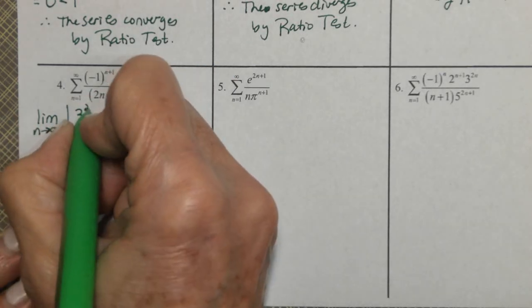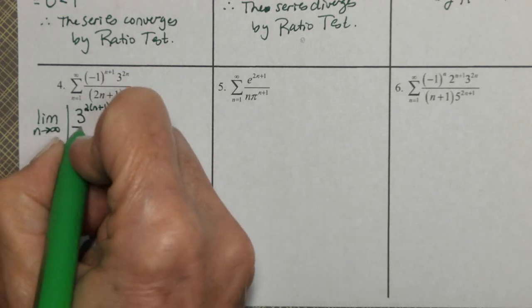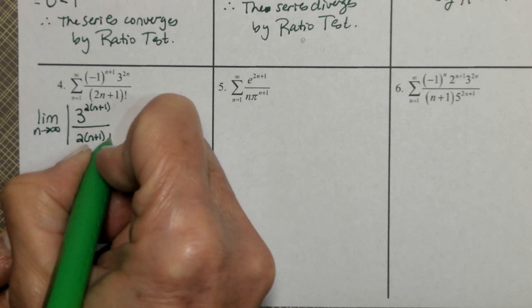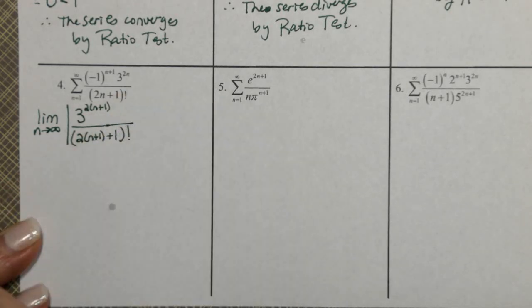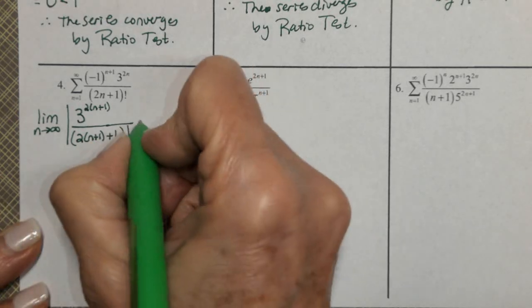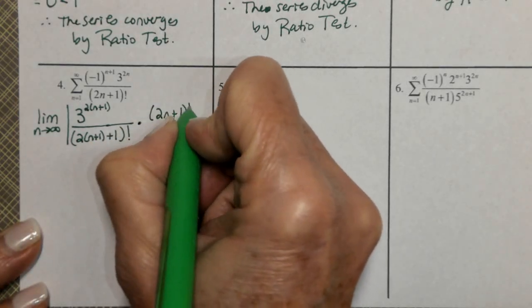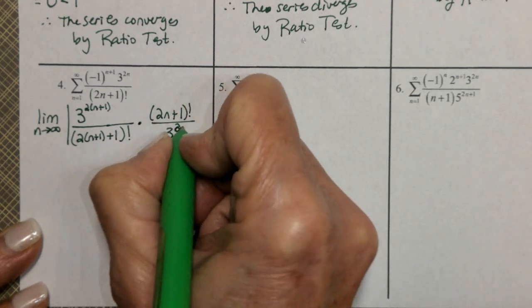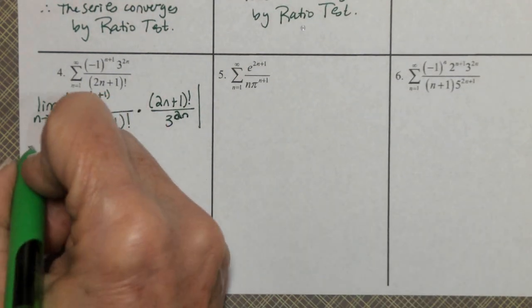So this is 2 times n plus 1 divided by 2 times n plus 1 plus 1. We are replacing every n with n plus 1. Multiply by exactly what I see, but flipped. Oops, 2n. Okay, time to clean it up.